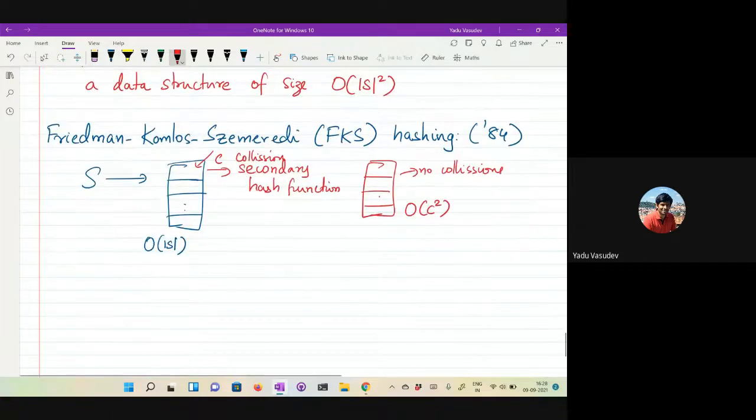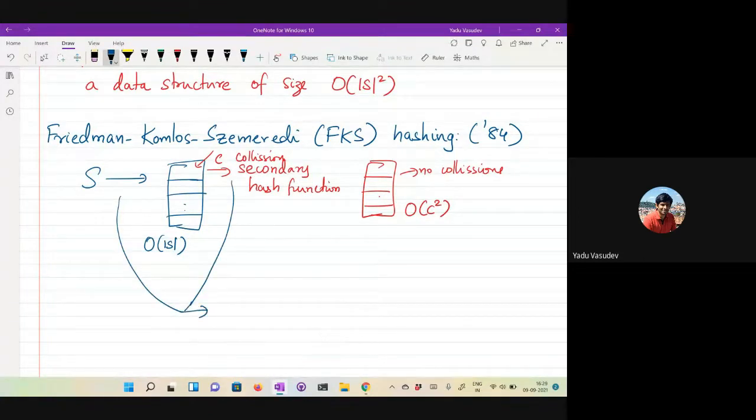The interesting thing to note here is that both of these hash functions are two universal hash functions. They are obtained from two universal hash families. You know that if you take a two universal hash family alone, you will not get the complexity of searching being a constant. But what you do is you have this two level hashing where at each level you use a hash function from a two universal hash family.